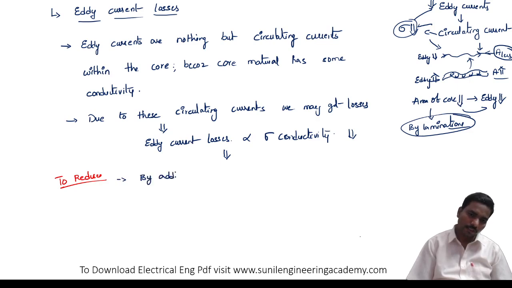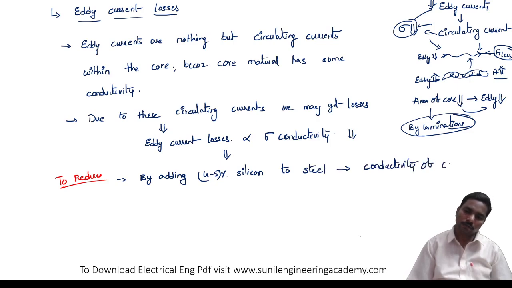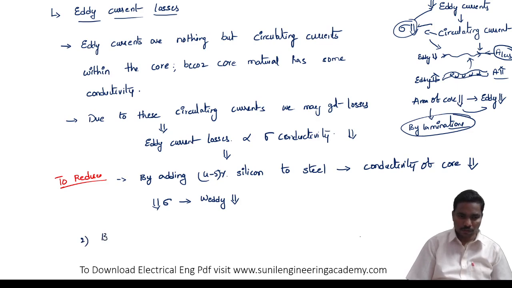By adding 4 to 5% silicon to steel, the conductivity of the core reduces. As the conductivity of the core reduces, eddy current losses reduce. Okay. And the second thing, the main thing, is by using lamination.